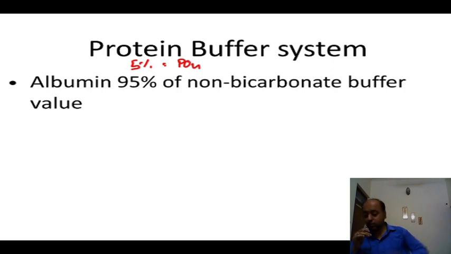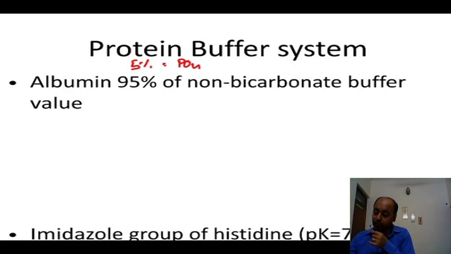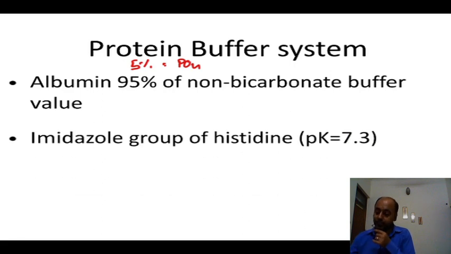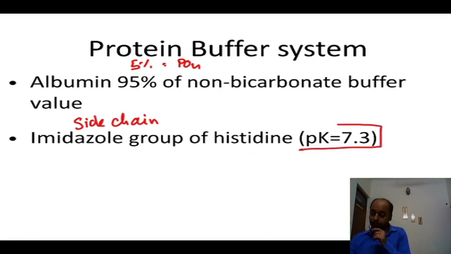The reason for albumin being a very good buffer is the presence of histidine. We'll later see when we are doing the amino acids that histidine has a side chain of imidazole, which has the pK of 7.3, which is closest to physiological pH.